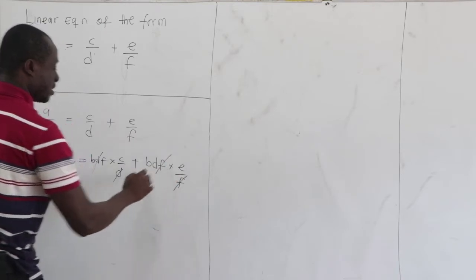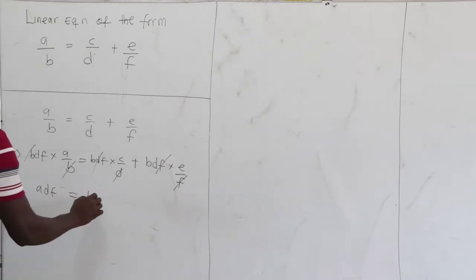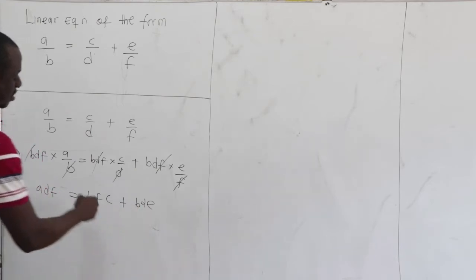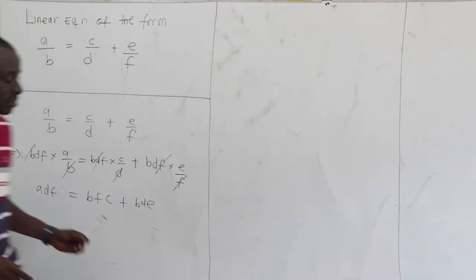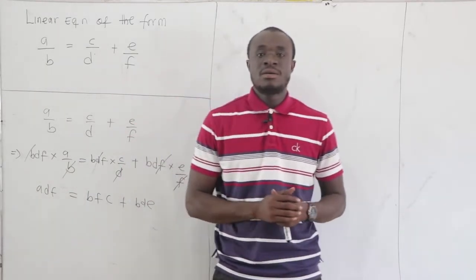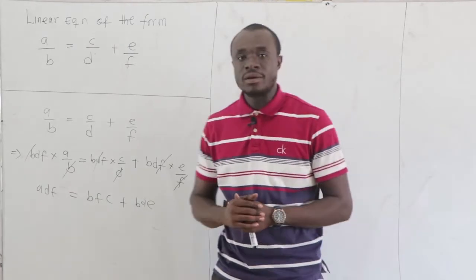The F is cancelling the F. Now, what do you have? We have ADF. We have BFC plus BDE. And now it turns out to be the first form that we had, that is AX plus B equal to 0. And then whatever we want to find from here, we can find.